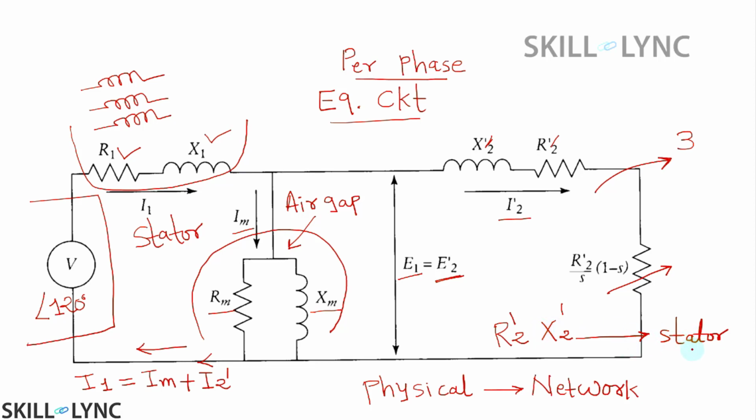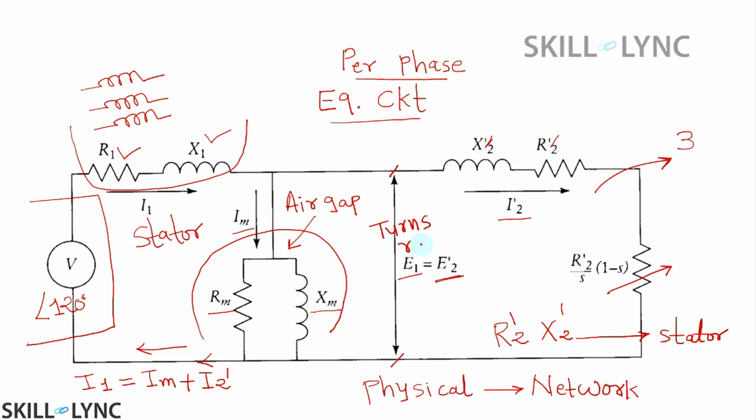What do I mean by referred to the stator side? Because we want to connect them in parallel, I need to transfer these parameters from rotor to stator, and there will be a stator to rotor turns ratio.